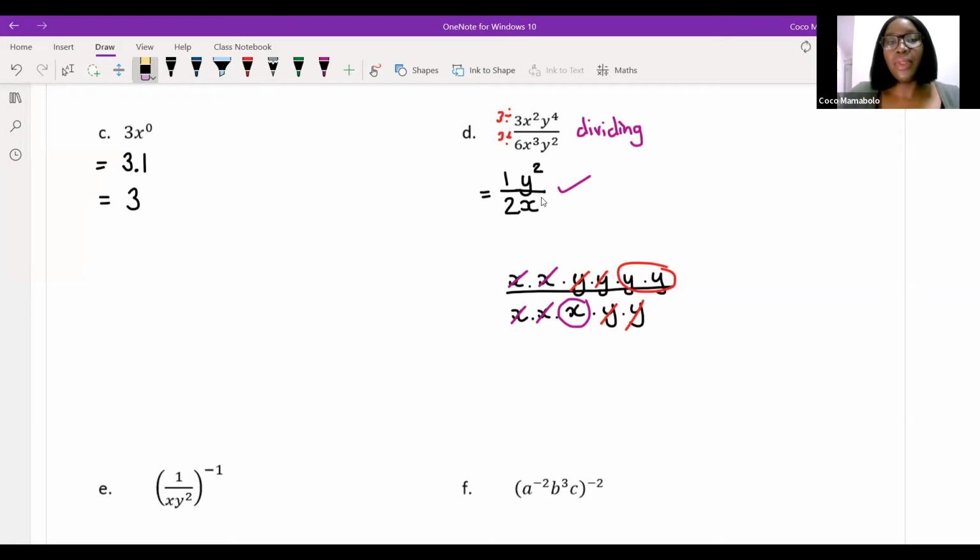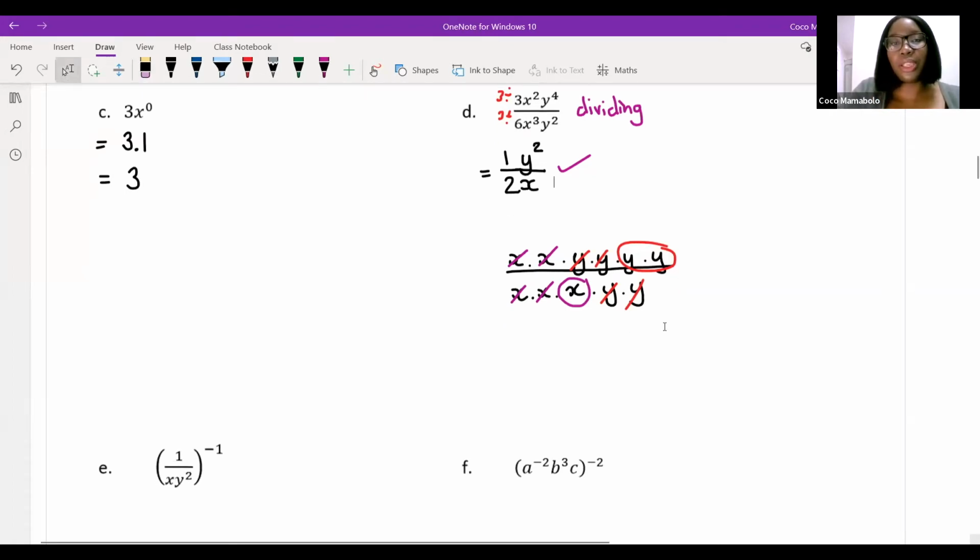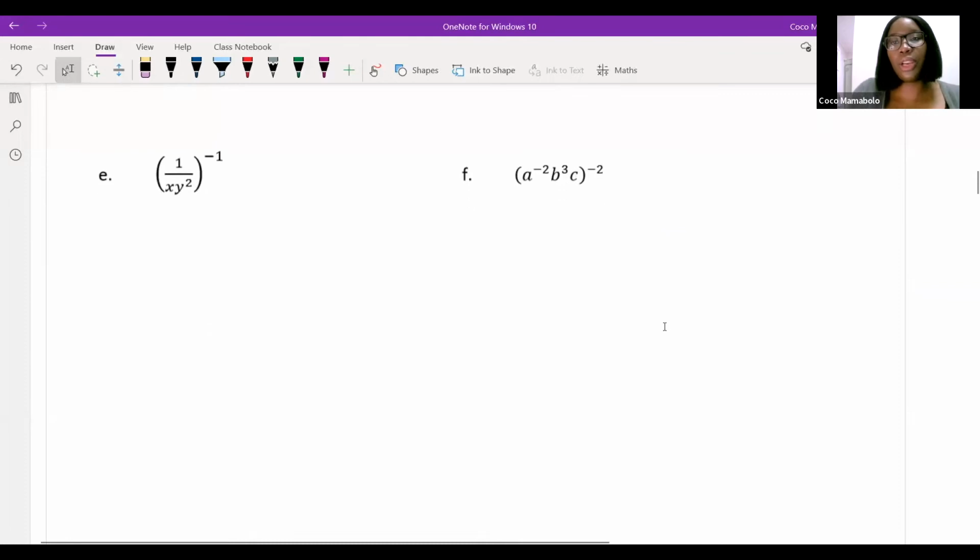All right, okay. Apiwe, can you do E for me? Are you ready? Okay, so for E, I started off by saying -1 is going to be times by 1, and it's going to give you -1.